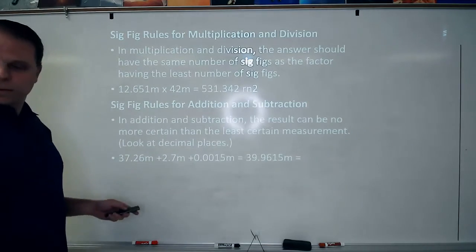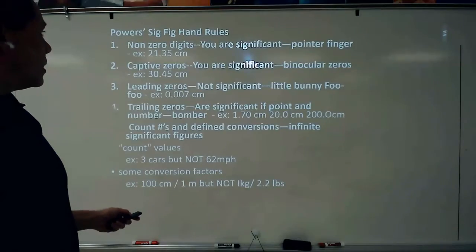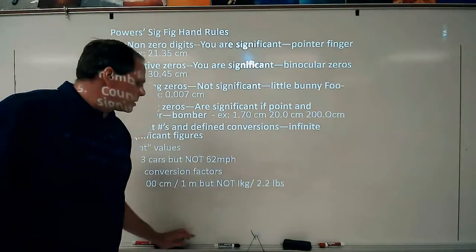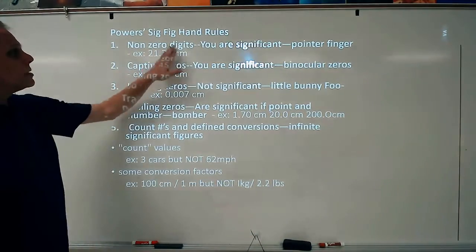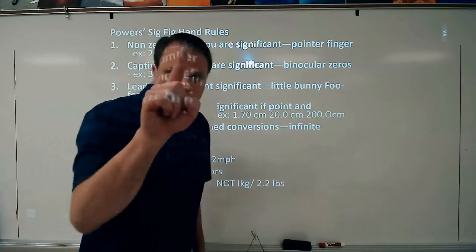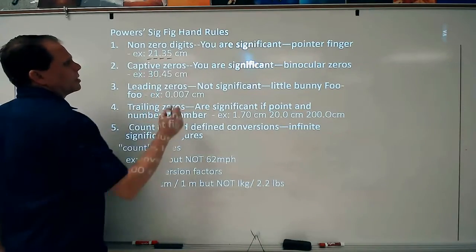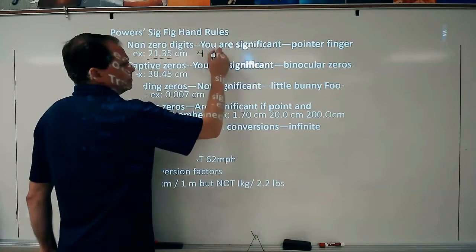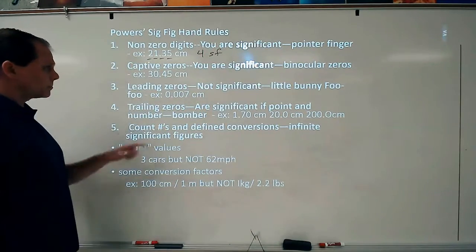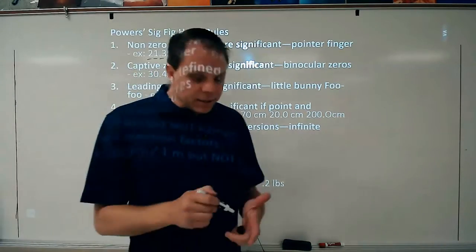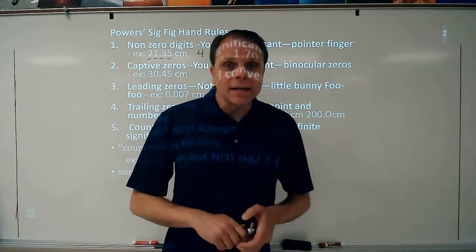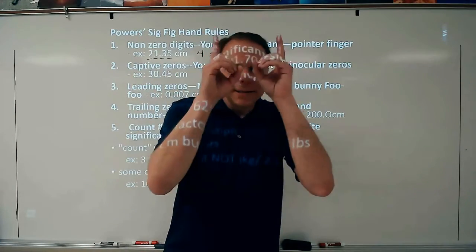All right. Back one. So let's see these as examples. Non-zero digits. Remember, you are significant. Anything that's not zero. None of those are zero. Therefore, there are 4 sig figs there. Okay? These zeros that are in between non-zero digits, right?